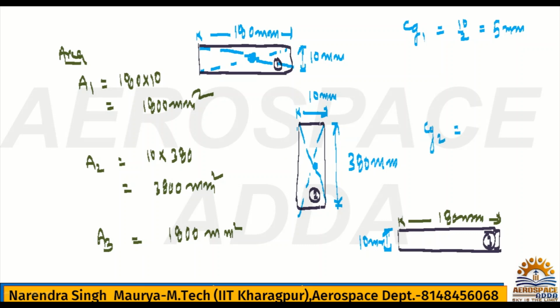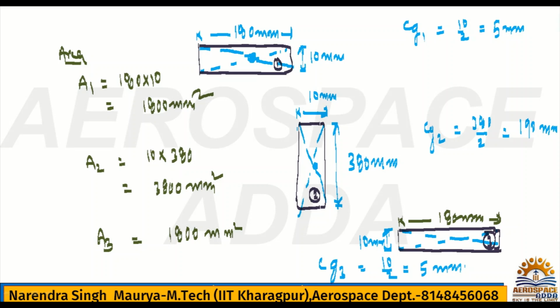CG2 is 380 divided by 2, which is nothing but 190 mm. That is the individual CG location for section 2. And similarly here, CG3 is also 10 by 2.